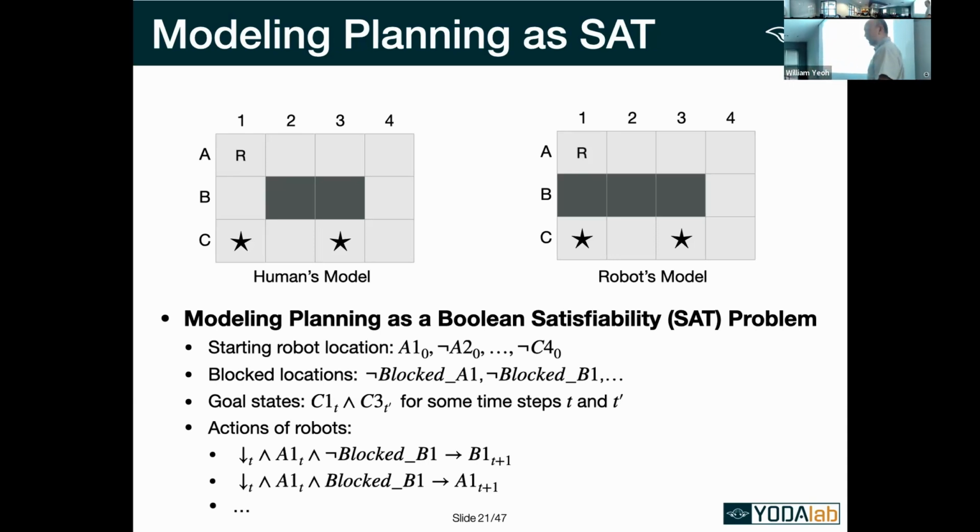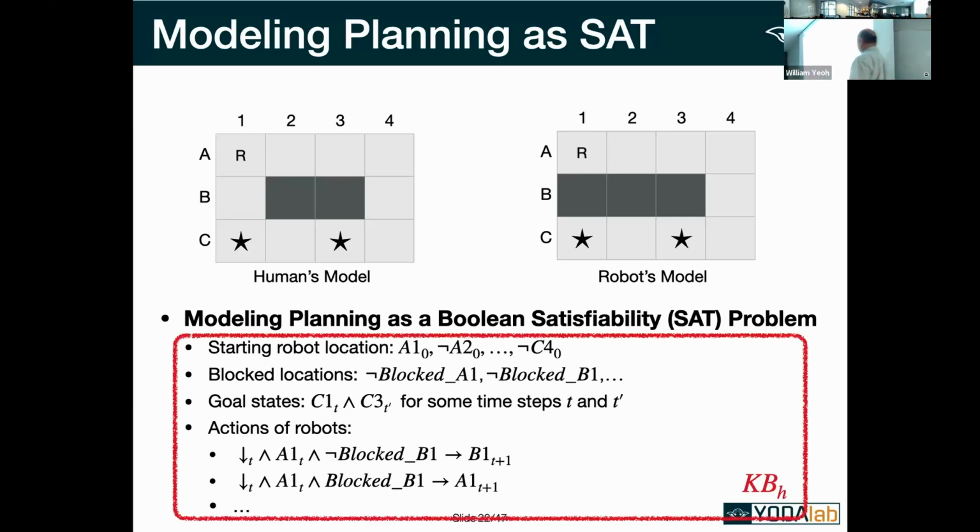You can also have constraints, for example encoding that the robot can only be at one location at any time step, so if it is at A1, it is not at any other locations. You can have all these different representations using Boolean variables, and all of this is essentially what's in KB_H. Hopefully that answers the question about what exactly is in there.